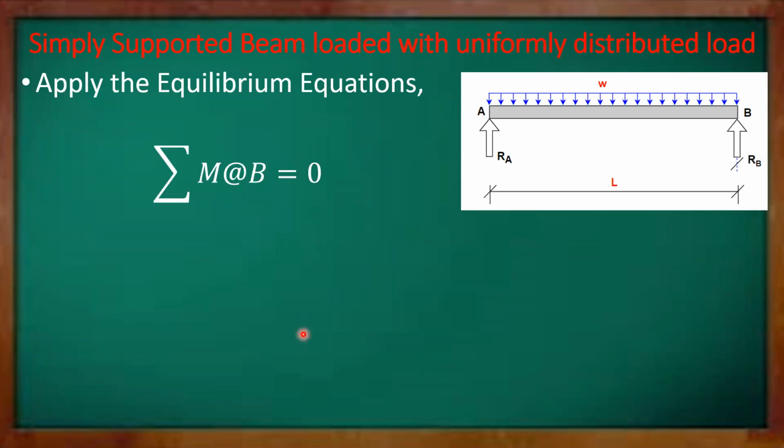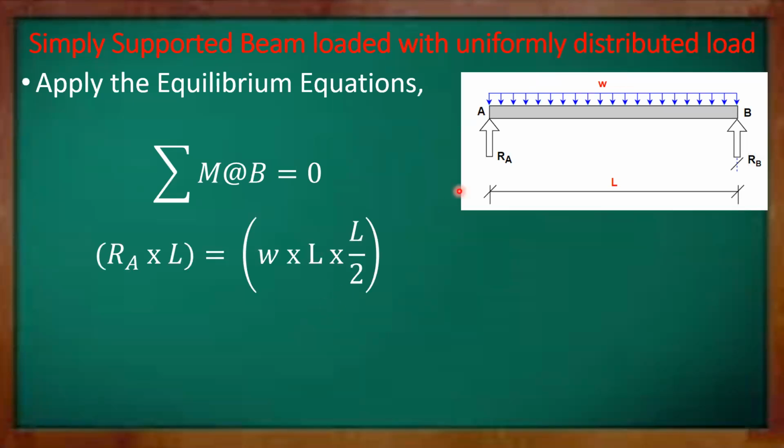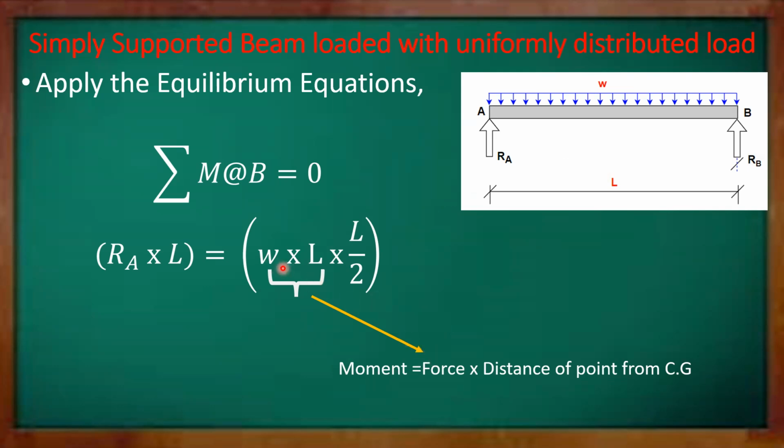Again, we apply our second equilibrium equation: sum of moments about point B is equal to 0, which is RA times L, that is force into distance, equal to W into L by 2, which is again a moment, where W into L gives the force, rate of loading into the distance as discussed in the previous step, and L by 2 is the distance of the center of gravity from point B in case of a UDL.